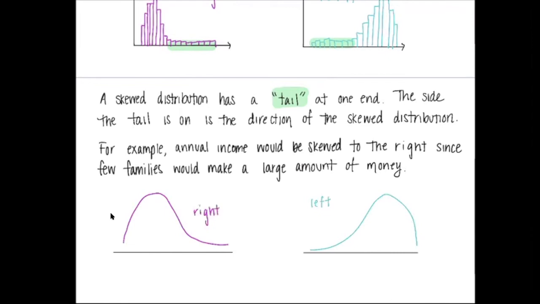The mode is the one that's always the most straightforward because it's the tallest point on the graph. This number would be the one that appeared the most. So this is our mode. Okay. Then what falls closer to the tail is going to be our mean.